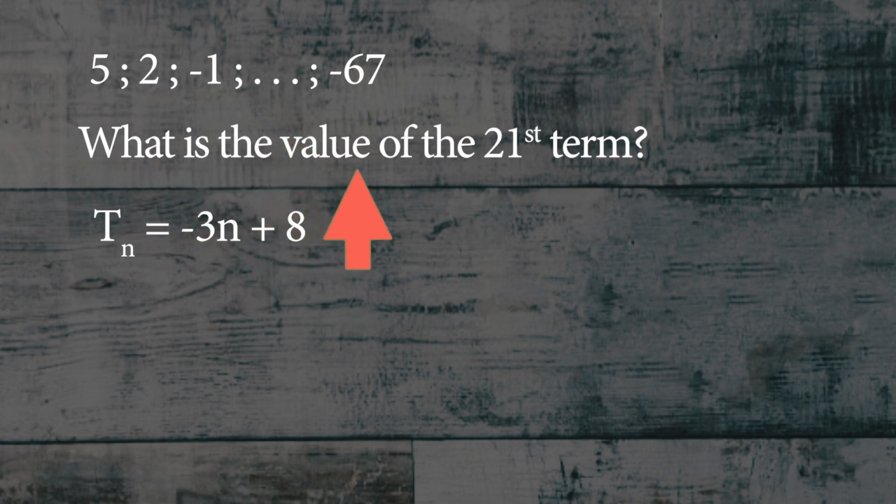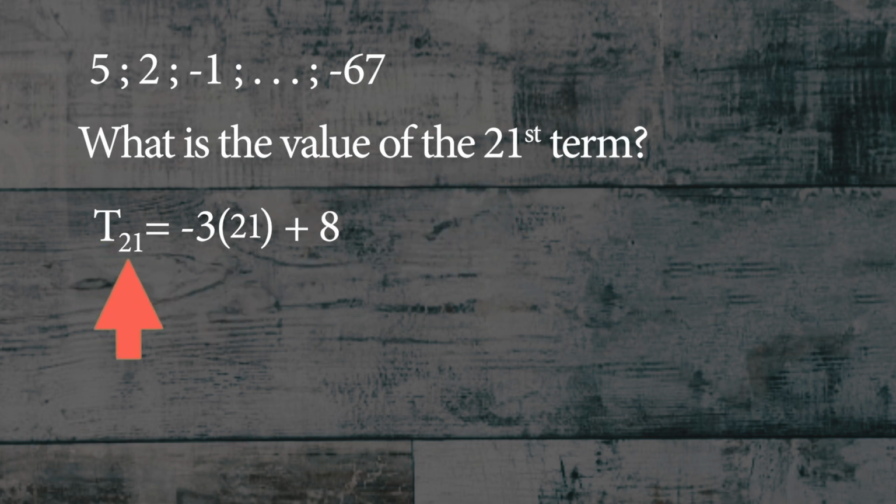Now let's look at the question here. What is the value of the 21st term? So we want to know what this value is if it's the 21st number in the sequence. To do that, we are going to make use of the general formula and calculate what the term is in the 21st position. In the place of this n as well as this n, we put this 21, because we want the term in the 21st position.